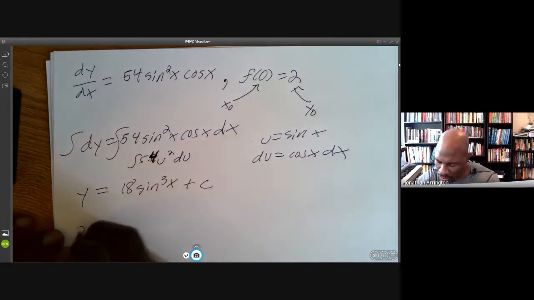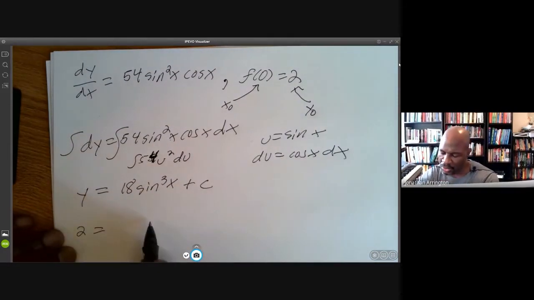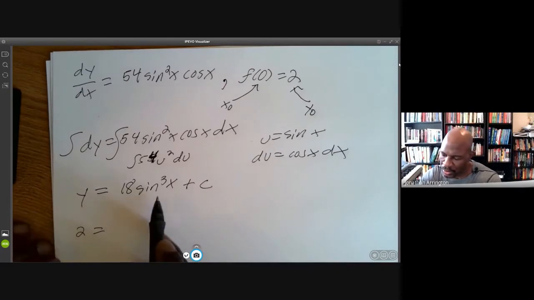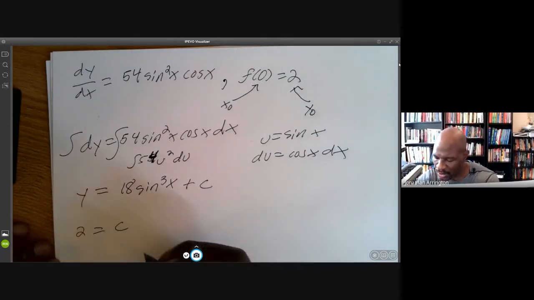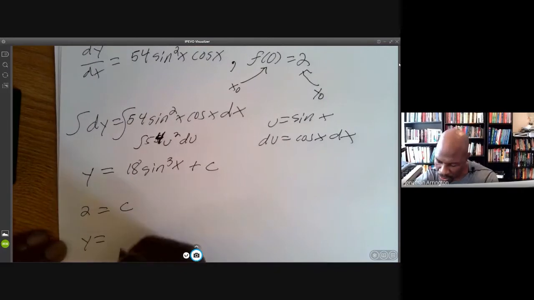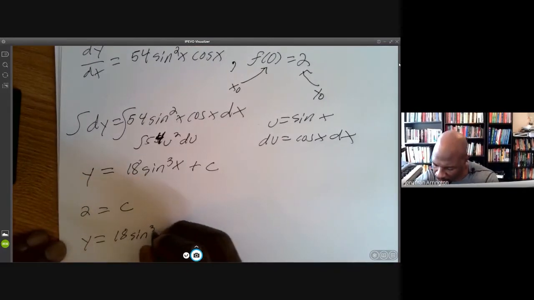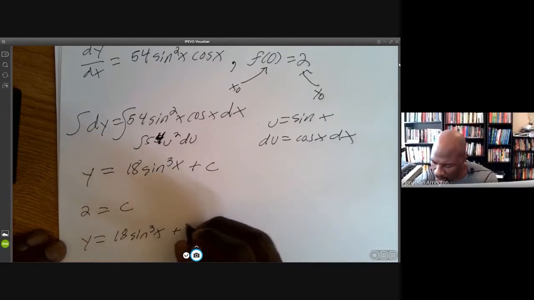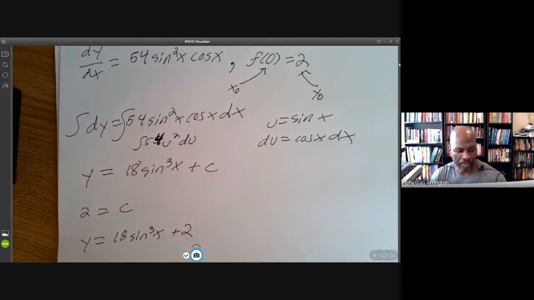Well, the sine of 0 is 0, so I'm going to get c equals 2. So then the solution to the differential equation is y equals 18 sine cubed x plus 2. So that's the particular solution to the differential equation.